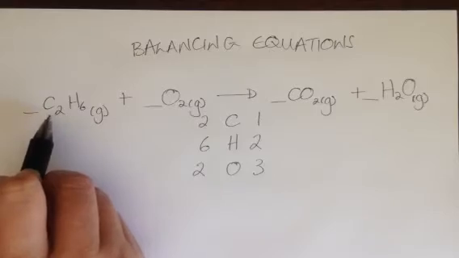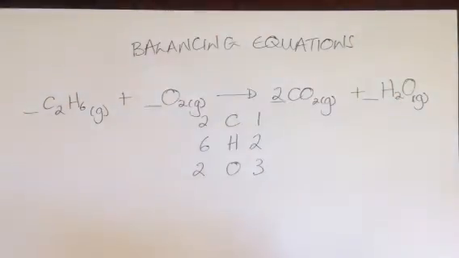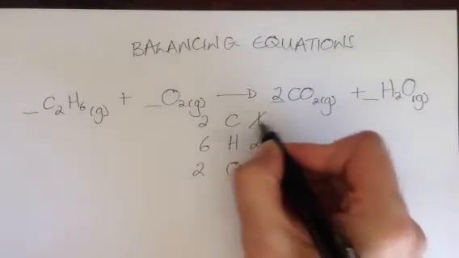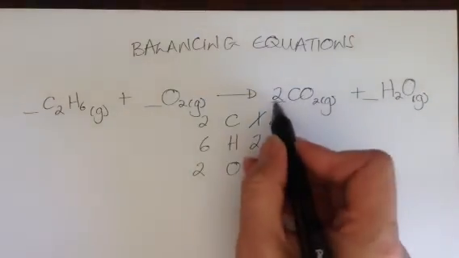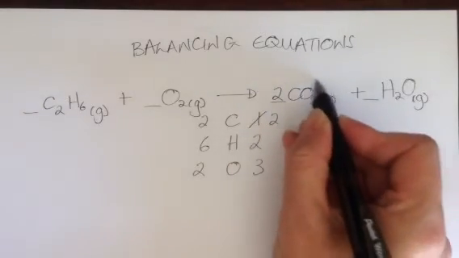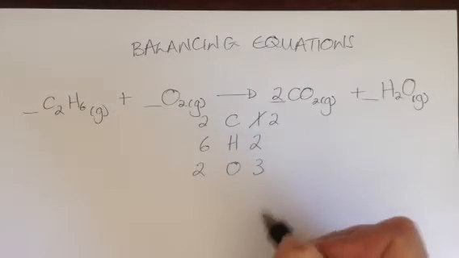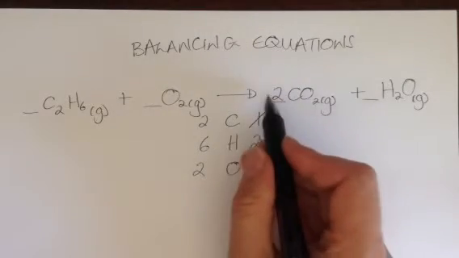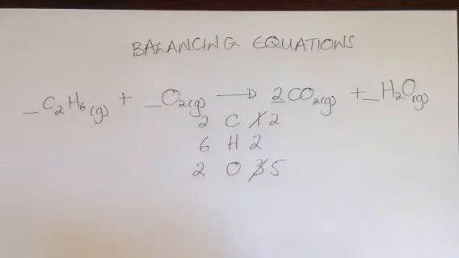So for example, we've got 2 carbons on this side. So to balance carbon on this side, I can write a number 2 there, and that gives me 2 carbons. It also changes the number of oxygens though, because this 2 means 2 carbon dioxides, so it means 2 carbons and 4 oxygens. 2 times 2 is 4. So we've got 4 oxygens plus 1, 5 oxygens.